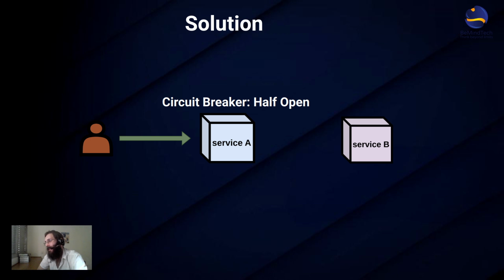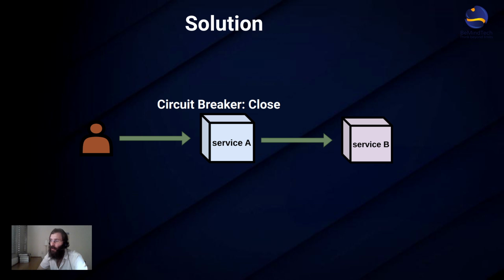So in this case, as I explained, service A sends some requests to service B, and if service B responds with success without showing any instability, then the status will change to closed. The circuit breaker status will change to closed, and that indicates that the whole ecosystem works properly.